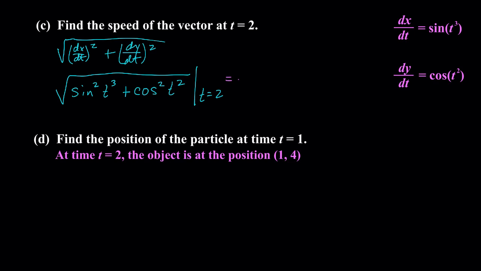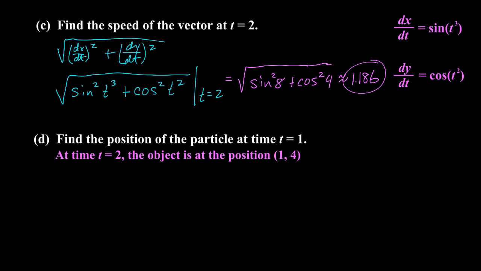That ends up giving us the square root of sine squared of 8 plus cosine squared of 4, which is approximately 1.186 as a decimal.